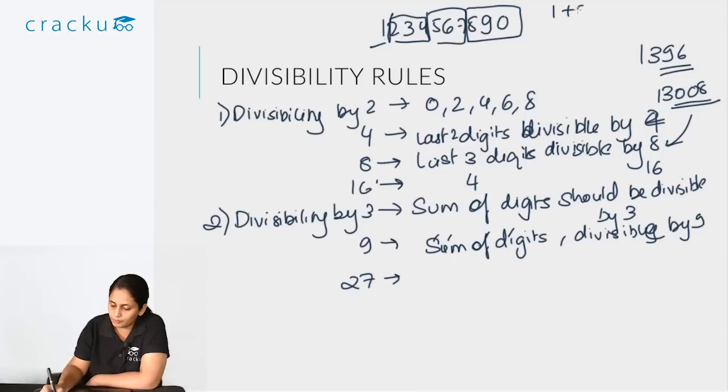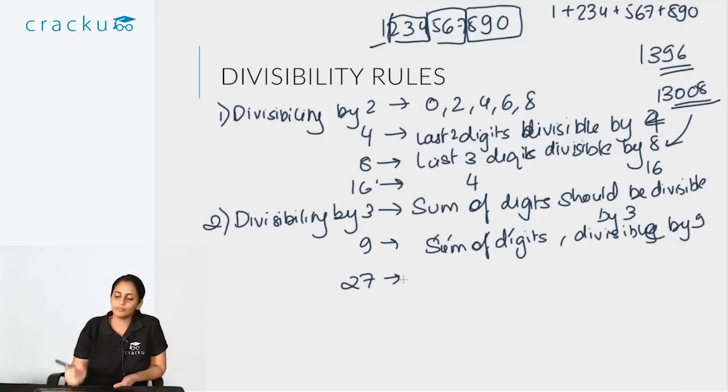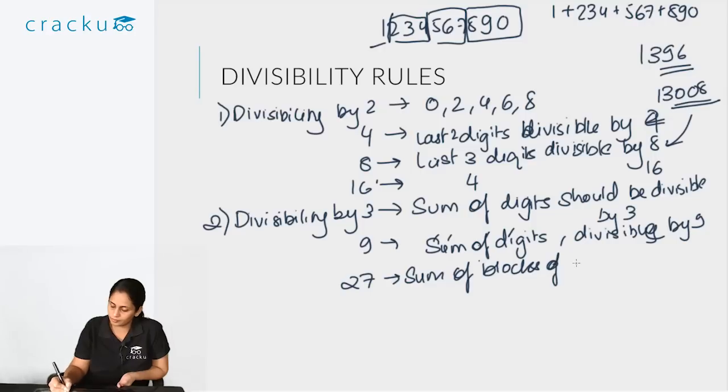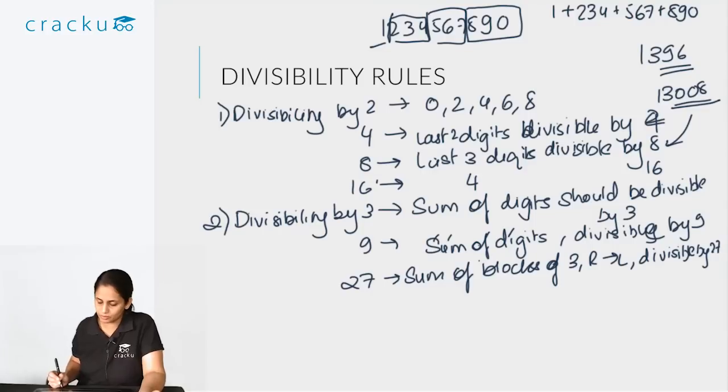So you have to take 1 plus 234 plus 567 plus 890, and that sum should be divisible by 27 for the entire number to be divisible by 27. So this is the basic rule for powers of 2 and powers of 3.